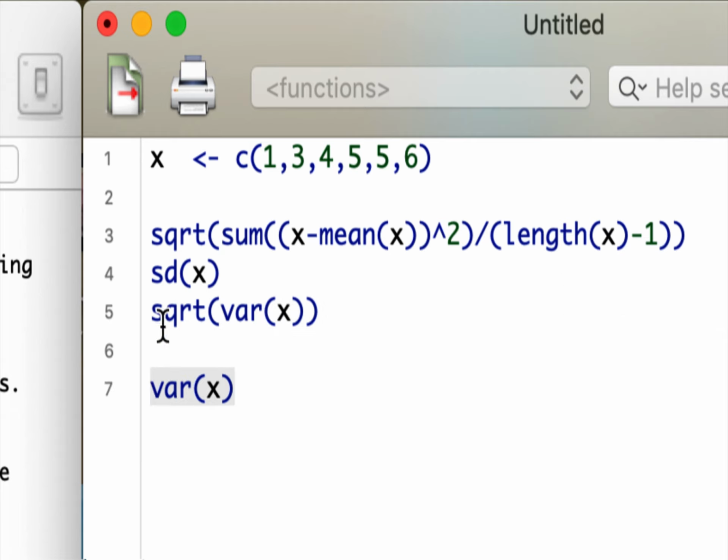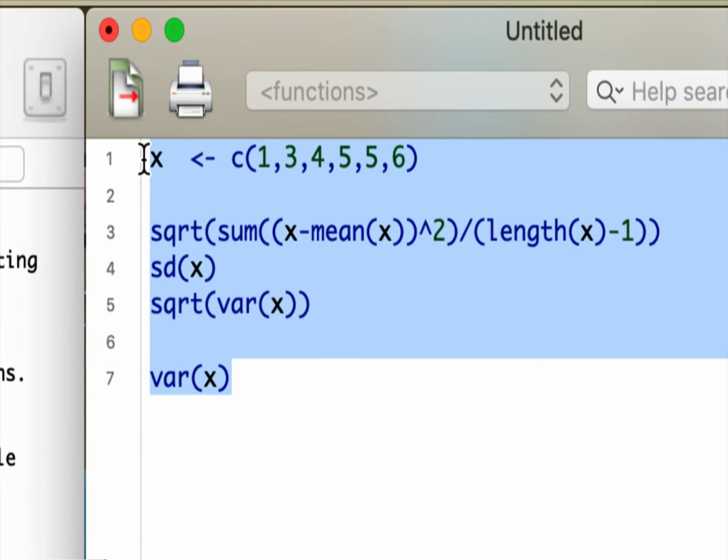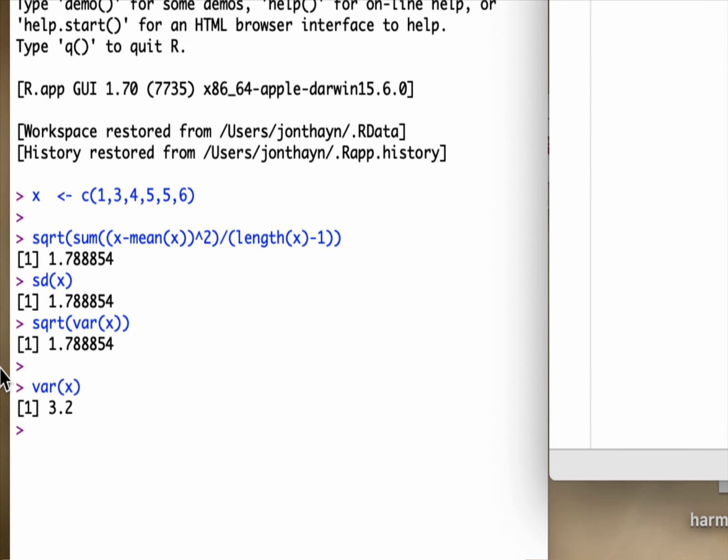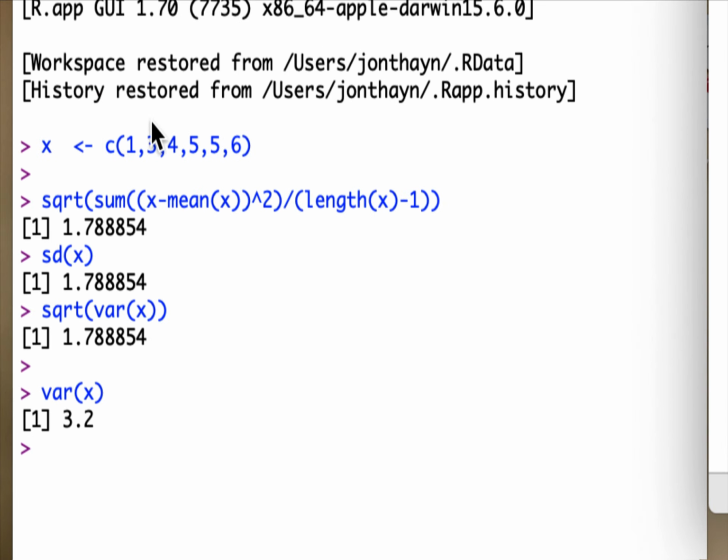This would also give you the standard deviation, right? So here we have 3 different ways of calculating the standard deviation, and here we have the variance, okay? So I will highlight all of these and send them over hitting Command Enter. If you're using a Windows machine, it is Control R.